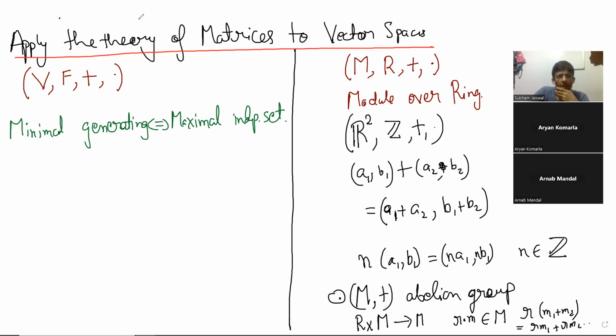Now tell me, what is the definition of a finite dimensional vector space? A vector space which has a finite dimension of basis. Without using the word basis, can you say?